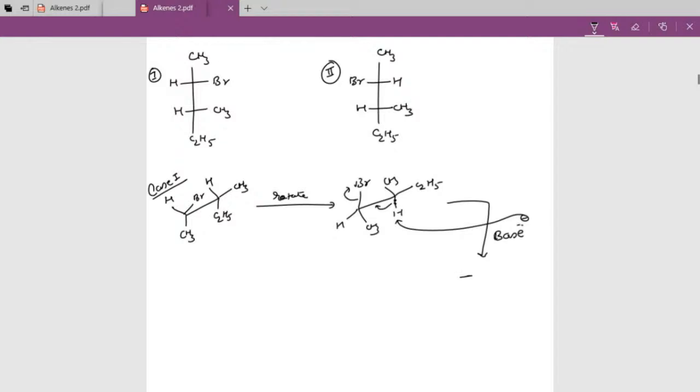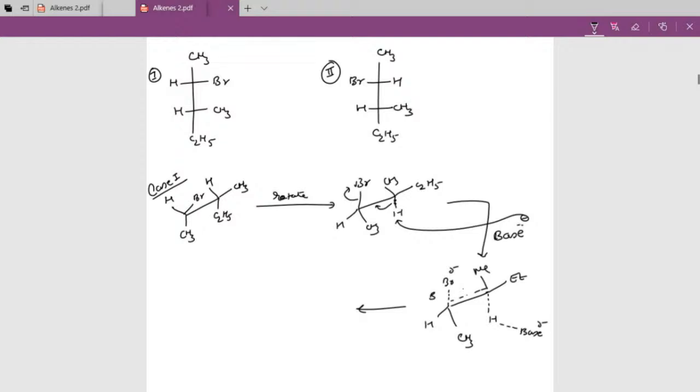There will certainly be a transition state. In my transition state, as I have said, alkene character begins. Okay, there will be formation of this Br delta minus, this bond base delta minus, Me, Et, H and CH3.